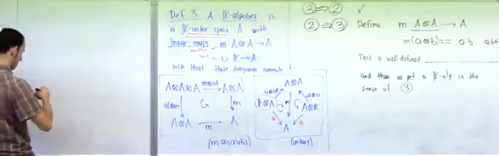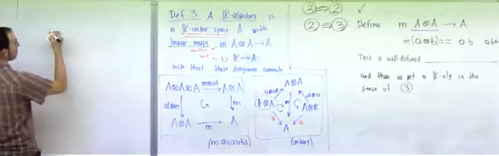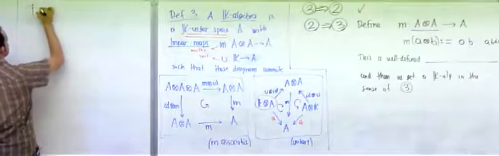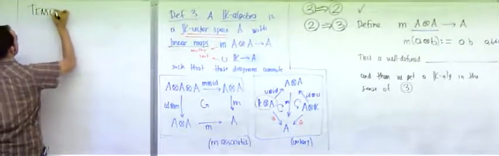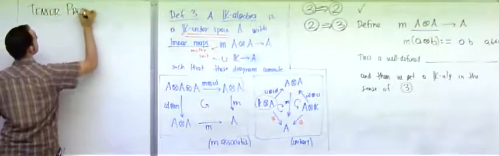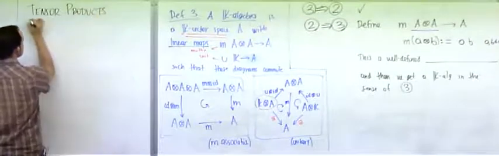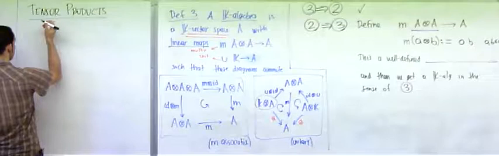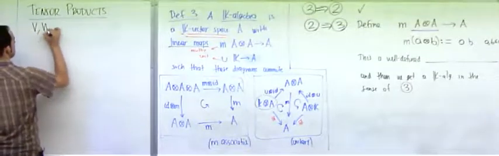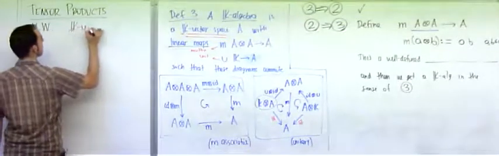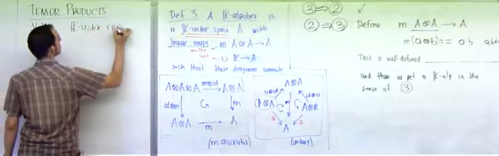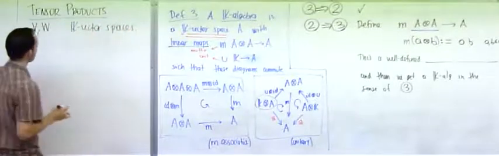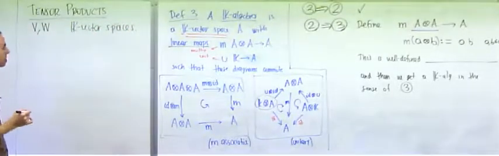Okay. So now I want to discuss tensor products in more detail. Remember that we define them as follows. V and W are K vector spaces.